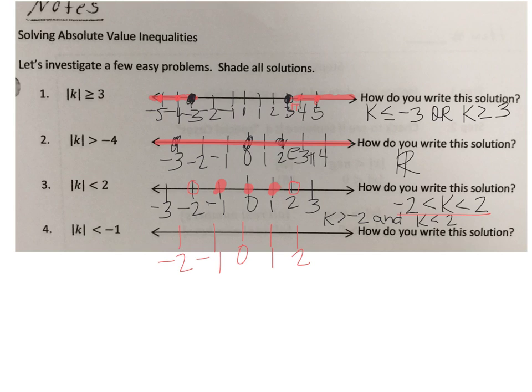No. Negative 2. What's the absolute value of negative 2? Positive 2. Is that less than negative 1? There is no solution, right? Just like the absolute value cannot equal a negative, the absolute value cannot be less than a negative. So this is no solution.